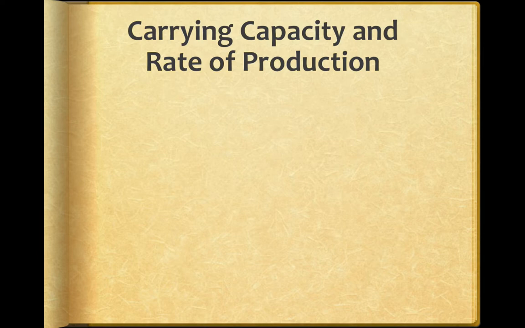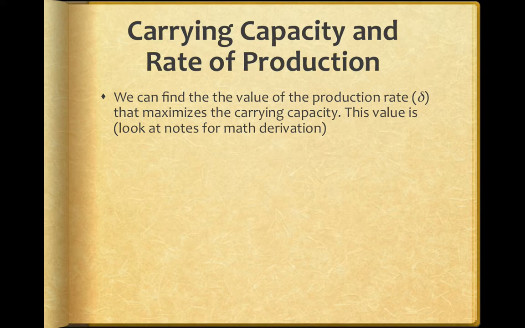Now, something that is explained thoroughly in the paper that I wanted to bring up is the relationship between the carrying capacity of population in this case and the rate of production. The rate of production is essentially the rate at which nature is consumed. You can find the value of the production rate, delta, that maximizes the carrying capacity of population.